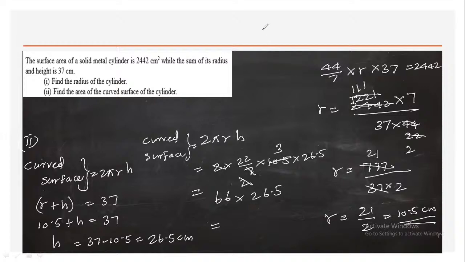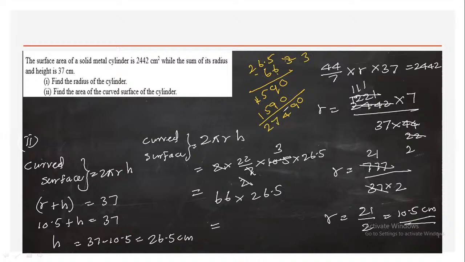When you are multiplying, it is easy: 26.5 multiplied by 66. 6 times 5, 33 remaining. 6 times 6, 36 and 3, 39, 3 remaining. 6 times 2, 12, 12 and 3, 15. 0, 9, 5, 1. 0, 9, 5 and 9, 14. 14 and 1 here. 2, 7.